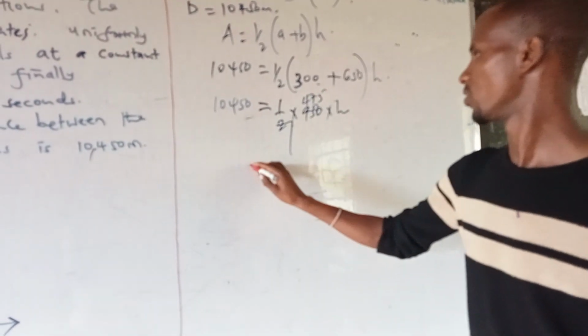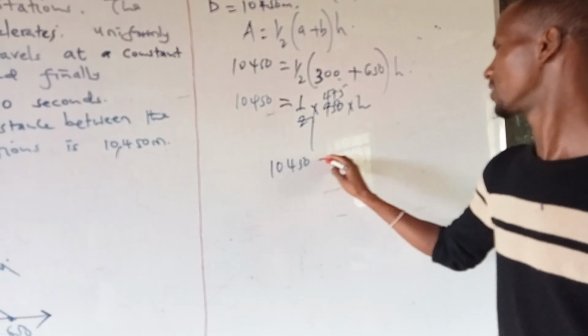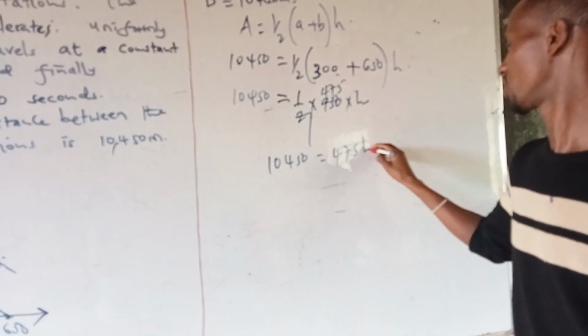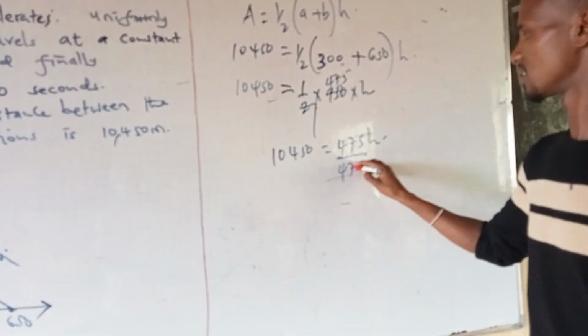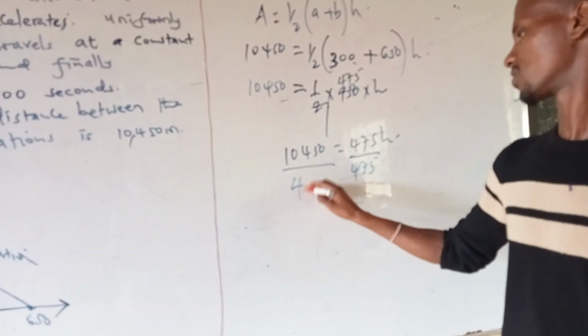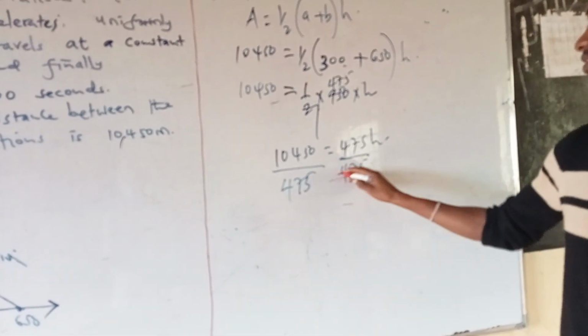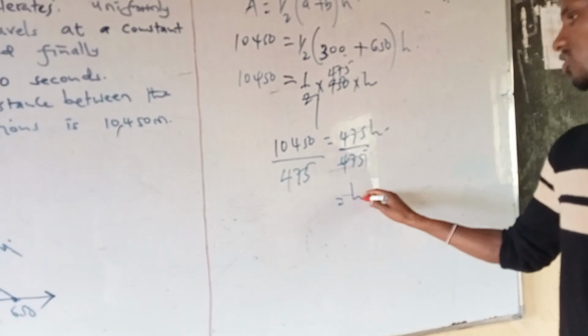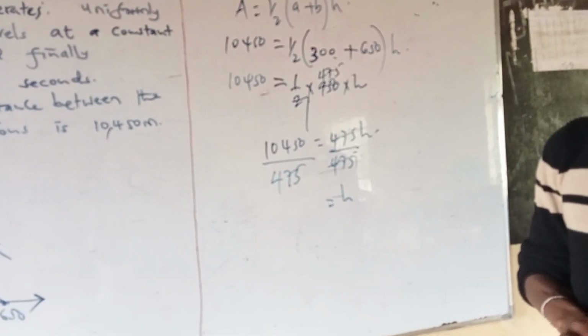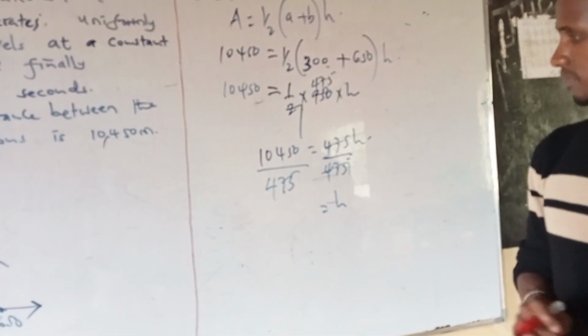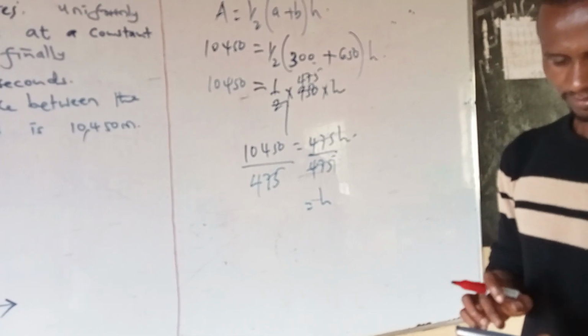So it will be 10,450 is equal to 475h. You divide by 475, you divide by 475. This will go with this, we are left with h. Then now it is 10,450 divided by 475.